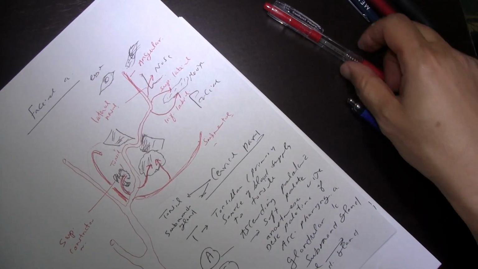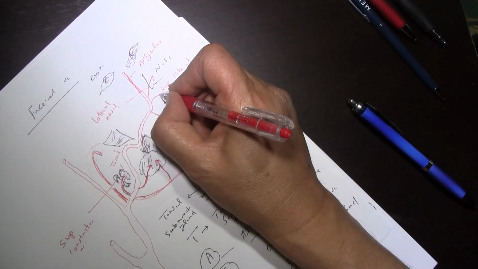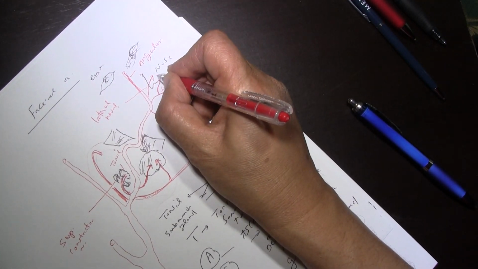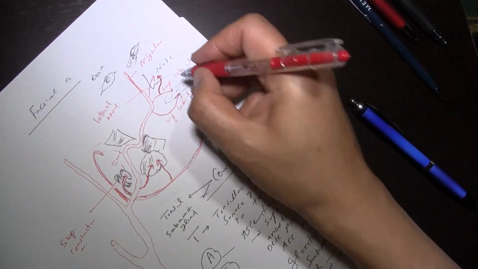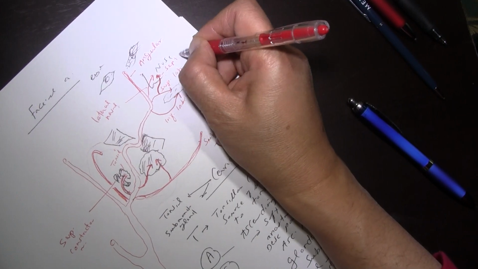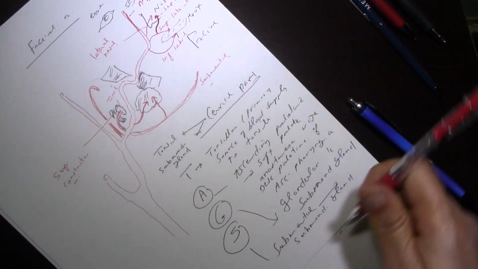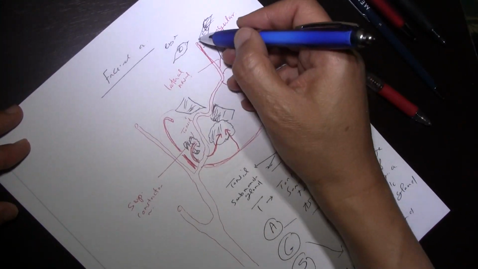What I would like you to remember here is that the superior labial branch sends a septal branch to the nasal septum. It is a common source of bleeding from the nose. This is called septal.